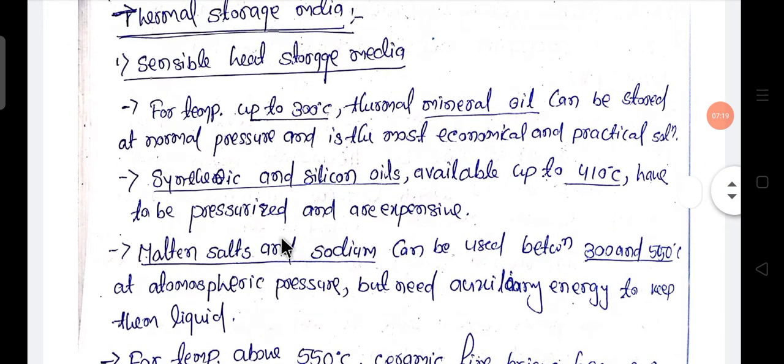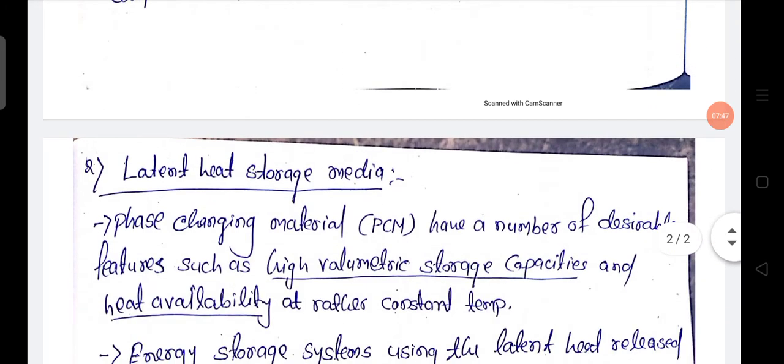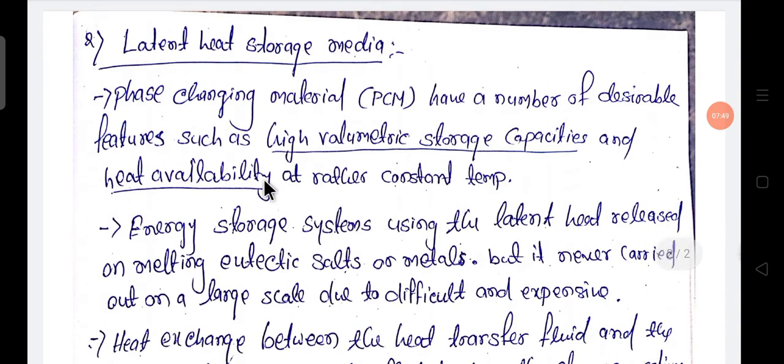For up to 300 degrees Celsius, the material used to store thermal energy is mineral oil, up to 410 degrees Celsius, synthetic silicone oil, between 300 to 500 degrees Celsius, molten salt and sodium, and above 500 degrees Celsius, ceramic bricks. Remember these 4 points.